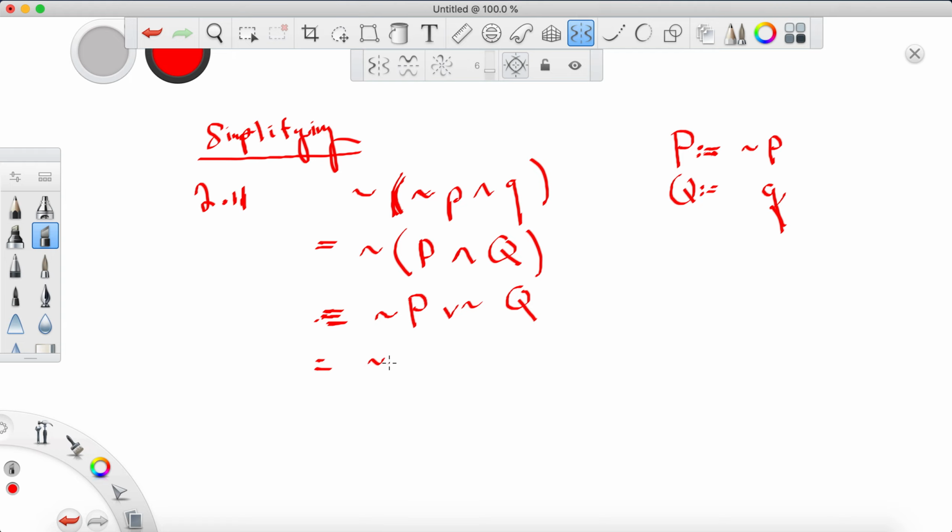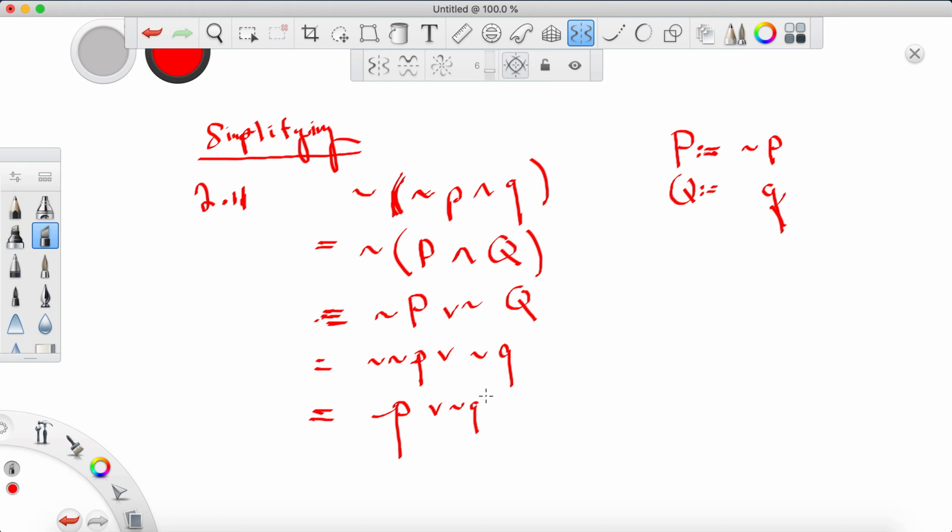So this is going to be not not p or not q. And we already showed that not not anything, you can just drop that. You can just drop the nots. So you have p or not q.